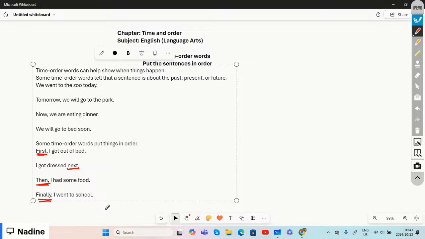It shows us when things happen, whether it happened today, whether it happened yesterday, whether something is still going to happen. That is time order words.